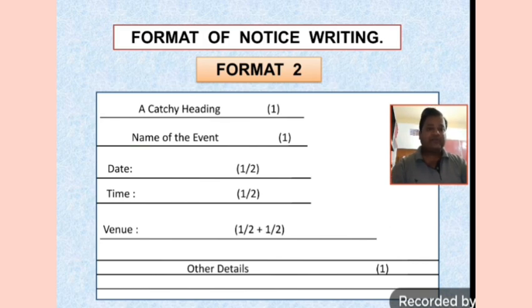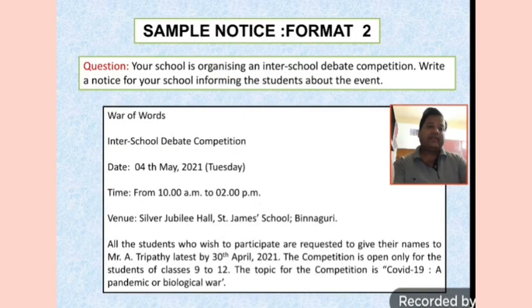The catchy heading comes to the extreme left hand side, same format, but everything will come to the left hand side of the page: name of the event, date, time, venue, and other details.